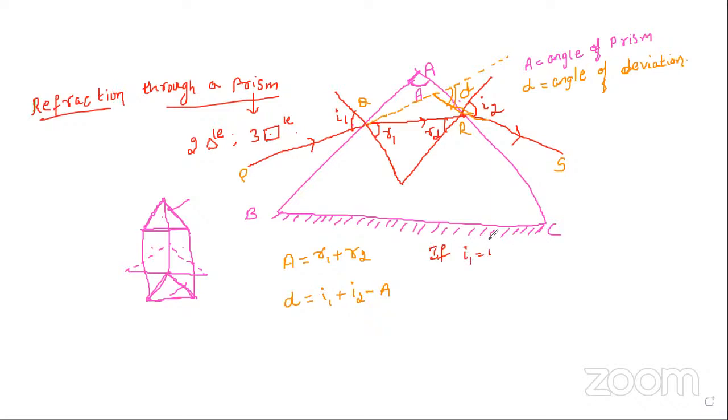If I1 is equal to I2, this implies R1 is also equal to R2. In this case, A will be equal to 2R, and I will become (A plus D) by 2, because here we are going to take small d as capital D. We are taking small d as capital D only if I1 is equal to I2 and R1 is equal to R2.